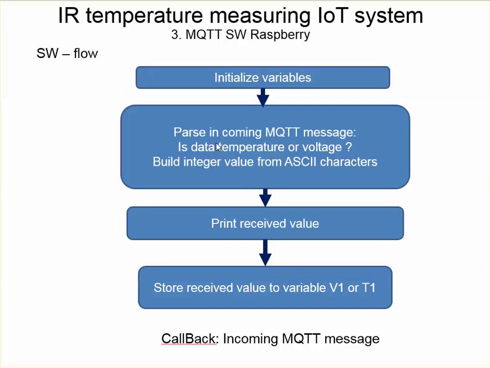So we check whether it is the temperature or voltage that Arduino is sending, and then we build these numbers from the ASCII characters in the message, and then we print these values that we have received. If it's voltage that we have received, we store that value to variable v1, and if it's temperature, that value will be stored to t1. These are the variables that act as a storage place for those measured values.